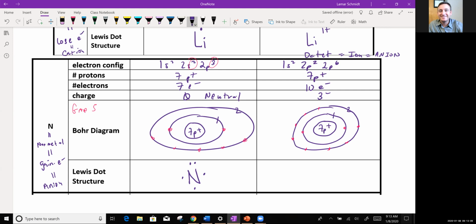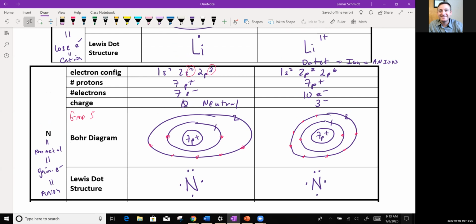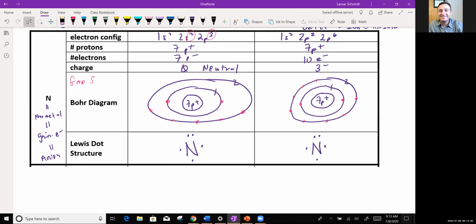And so you look at your dot structure now, you will do the same thing, 1, 2, 3, 4, 5. But now you're adding 3 electrons because this is going to be negatively charged. It's a -3 charge. So you're adding 3.